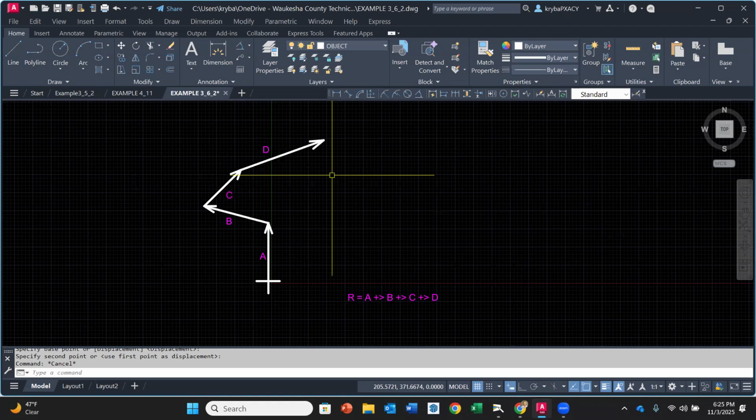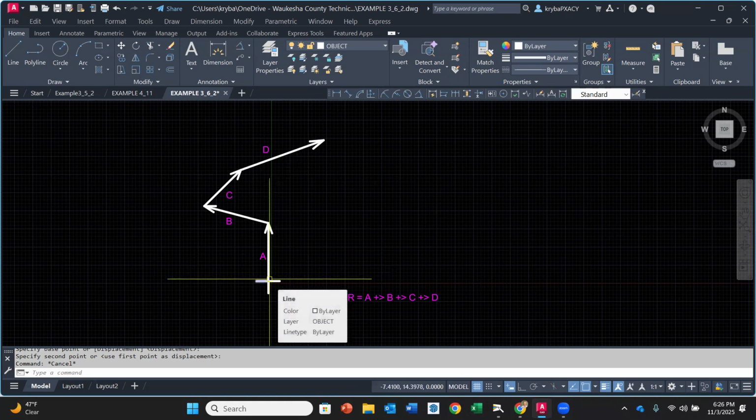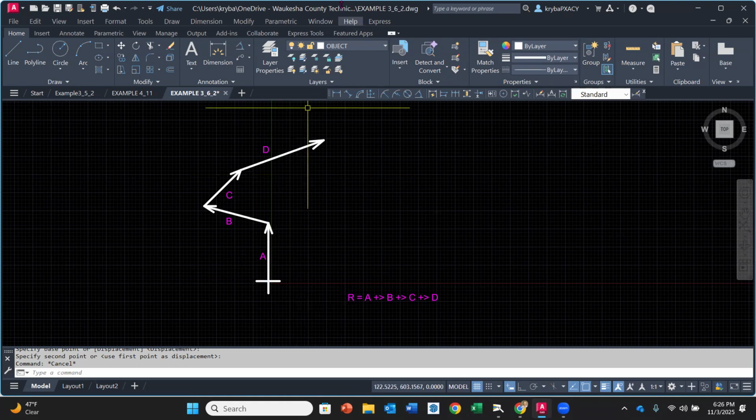Now that I've exhausted all of the vectors on the right-hand side, I'm going to cross over the equal sign. That means the tail of my resultant is going to start back at the origin.